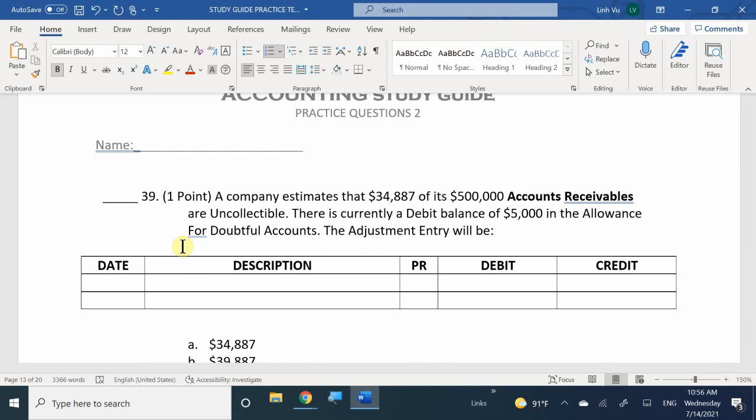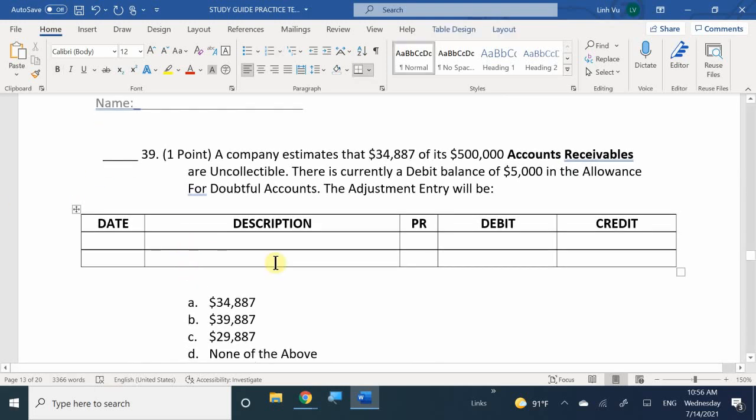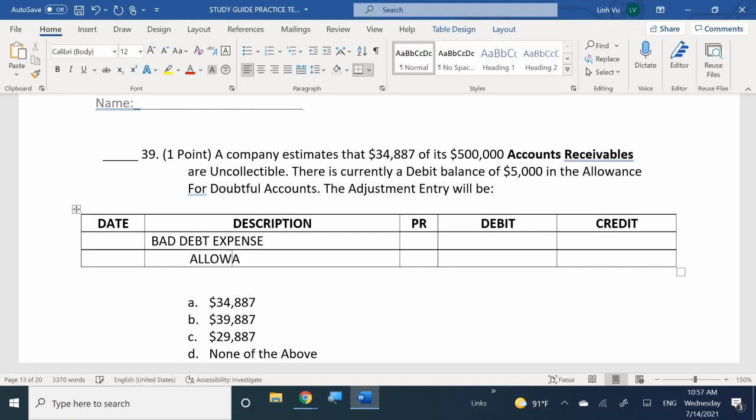The adjustment entry will be 39,887. Remember, in this case it's going to be the bad debt expense, and this is also going to be the allowance for doubtful accounts.